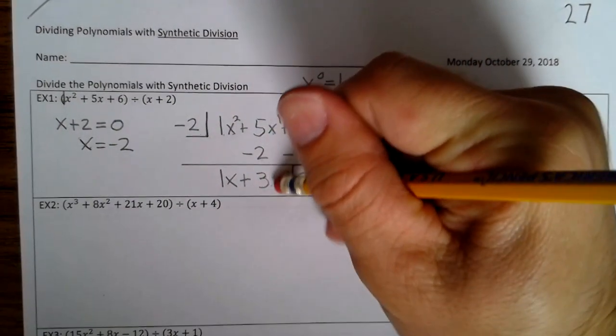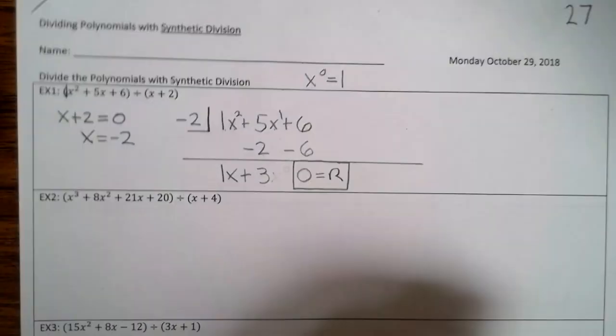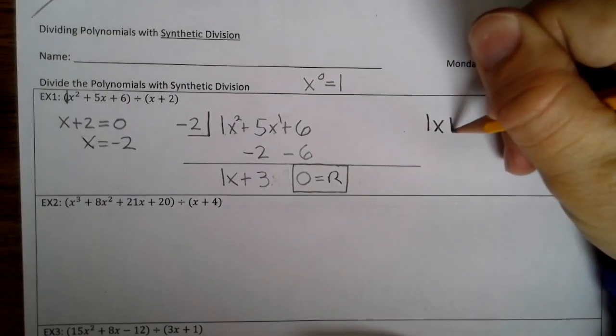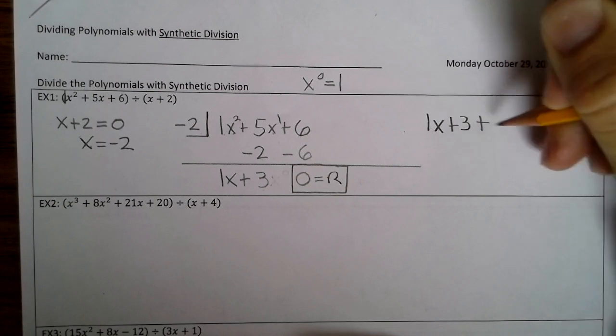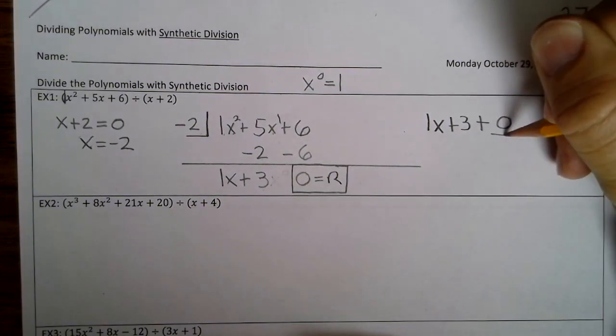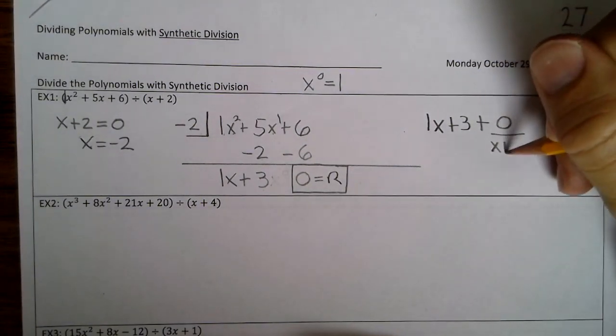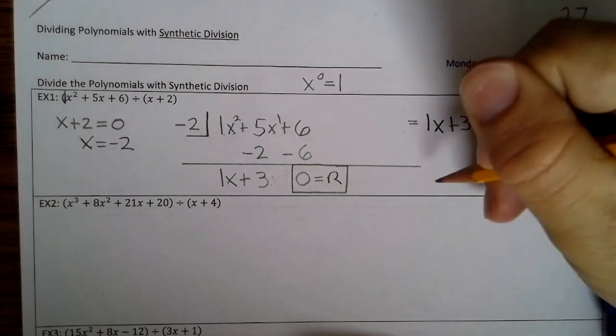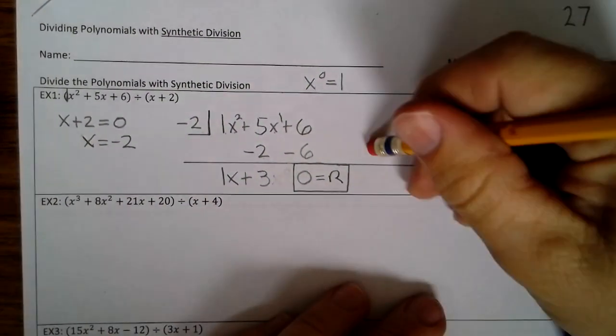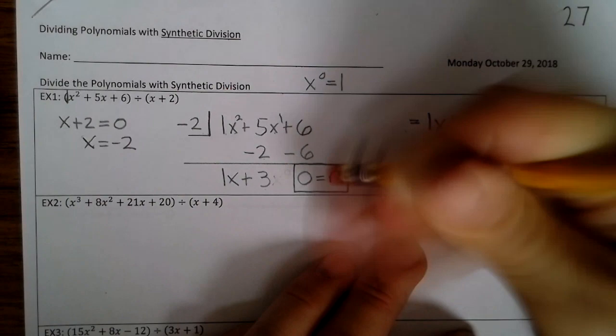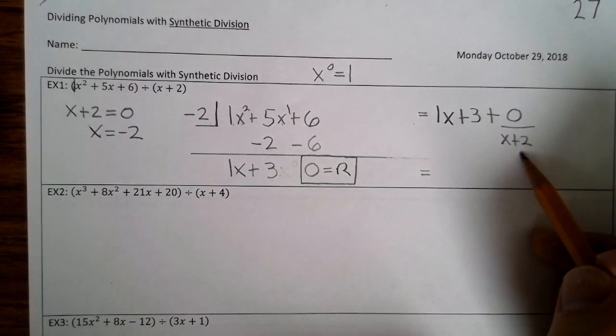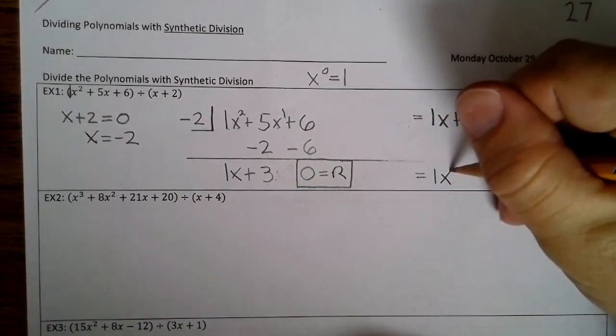So your result is 1x plus 3 plus 0 divided by x plus 2. Well, 0 divided by x plus 2 is 0, so you just write 1x plus 3.